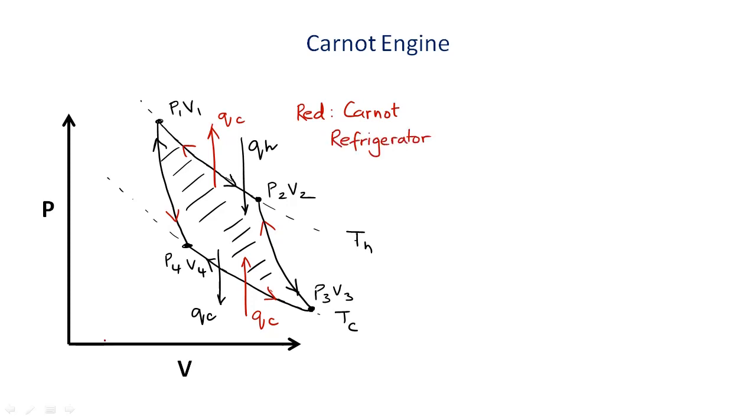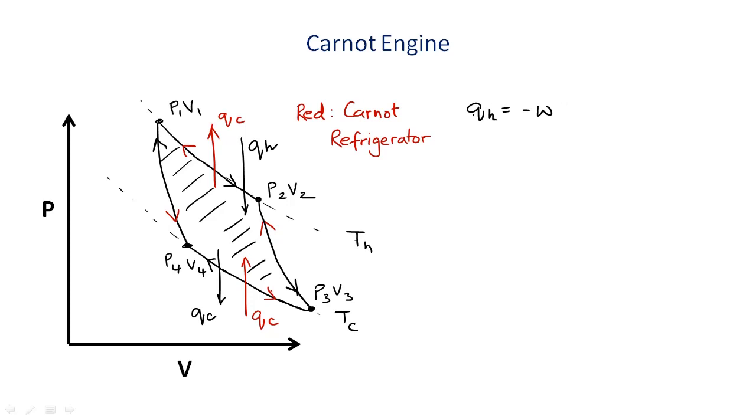Let us now obtain an expression for the efficiency of the Carnot engine. The heat absorbed from the hot reservoir QH is equal to minus W, because this is an isothermal process and the change in internal energy is zero.